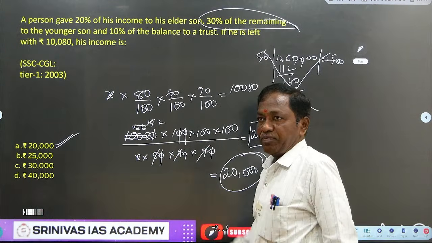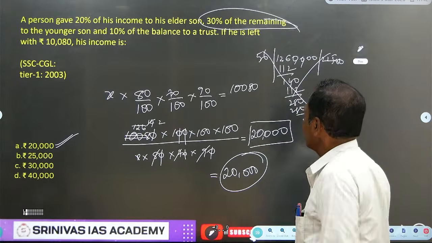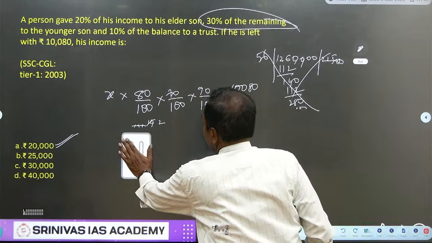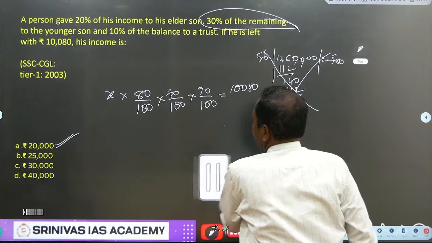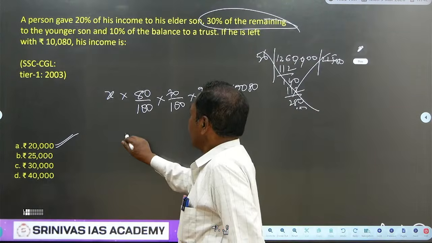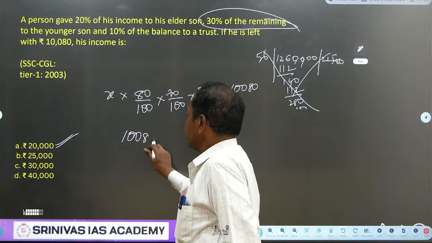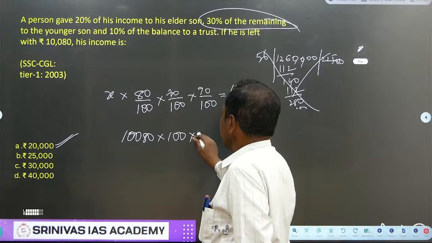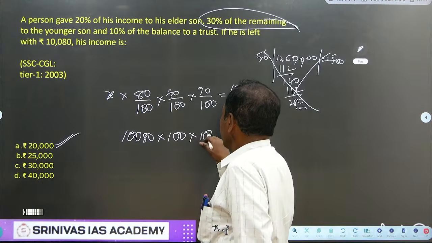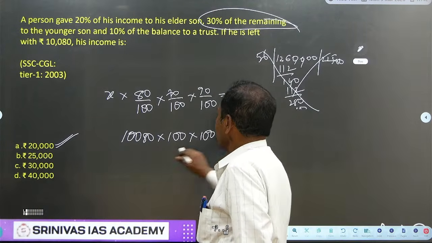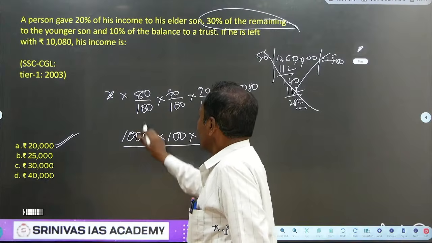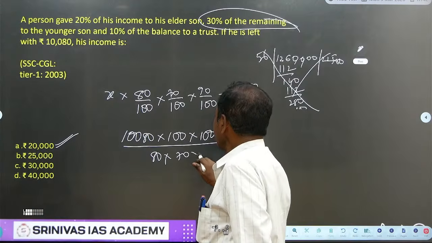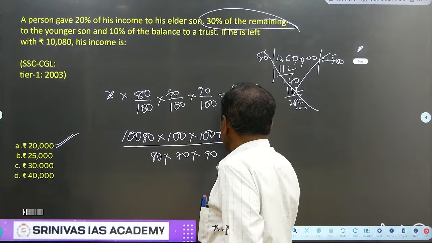Both can be divisible by a number. See, 10,080 multiplied by 100 into 100, and divided by 80 into 70 into 90.